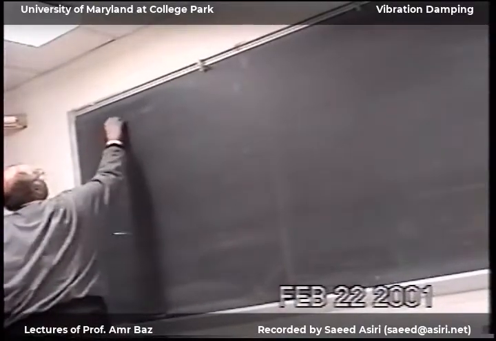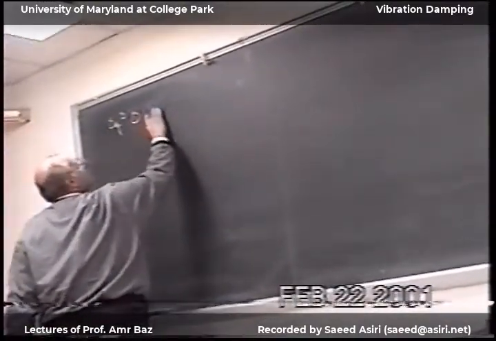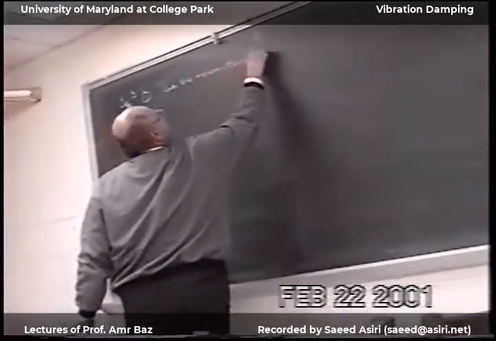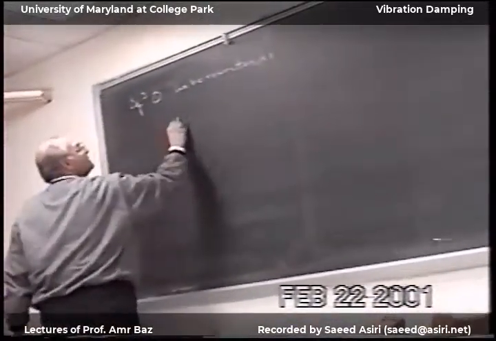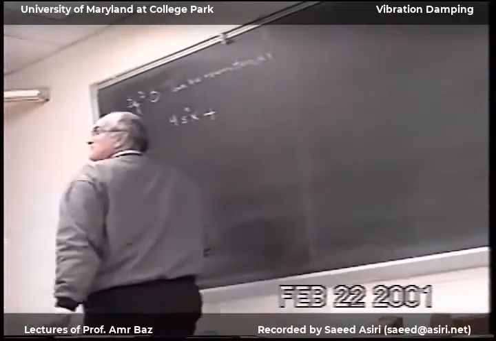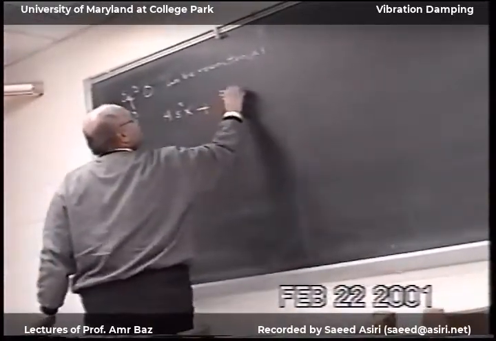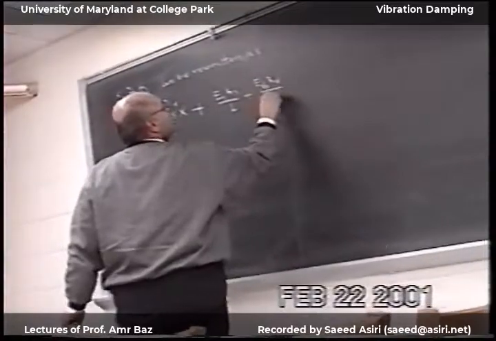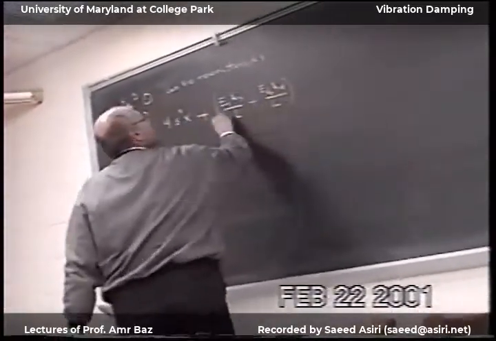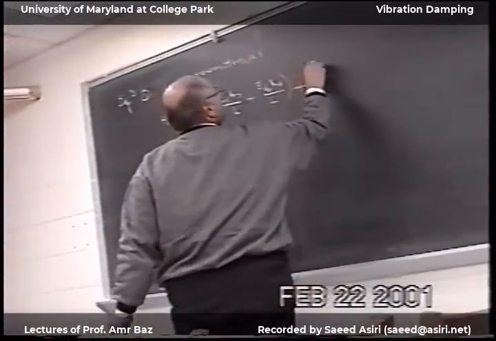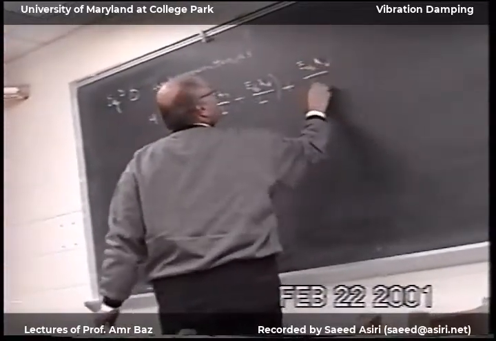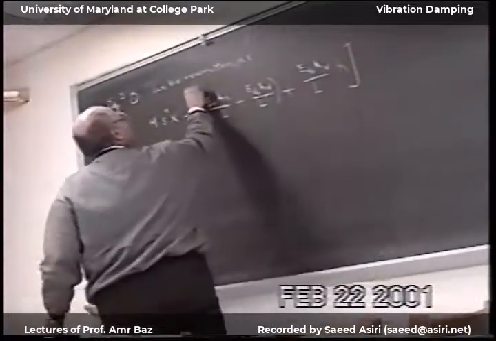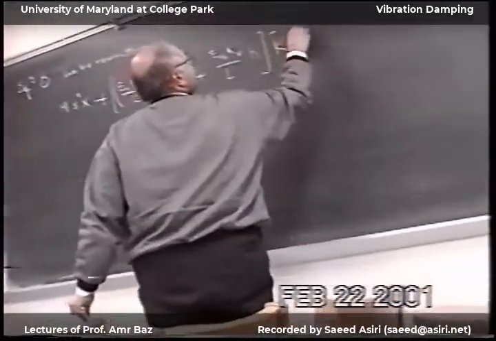So equation 1 can be rewritten as m s squared x plus E_s A_s over L, plus E V0 A V over L times H, and then everything is multiplied times K prime times X, equal to F.